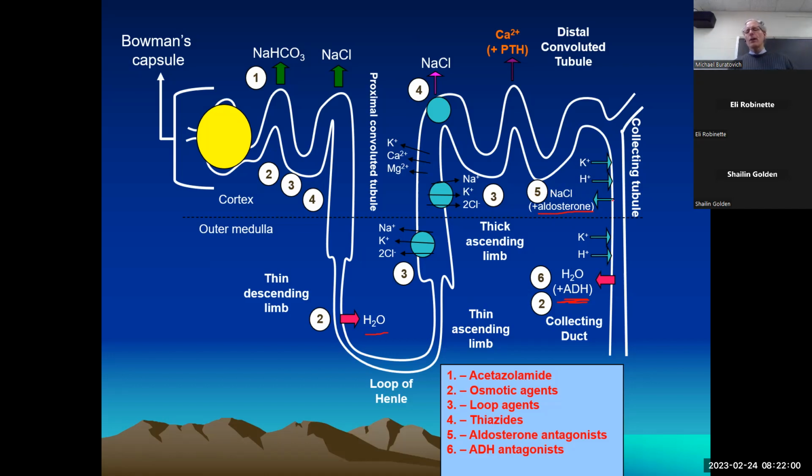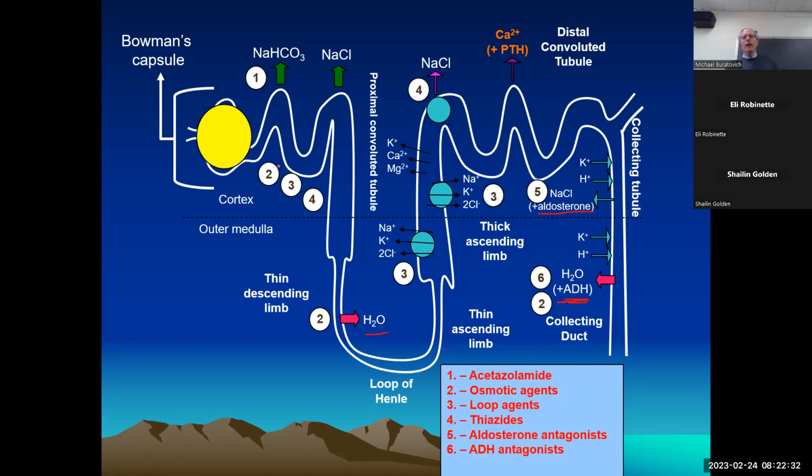This causes sodium recapture at the expense of potassium or at the expense of hydrogen ions. By antagonizing aldosterone activity, you decrease sodium uptake. You leave more sodium in the filtrate. By leaving more sodium in the filtrate, you leave more water in the filtrate.